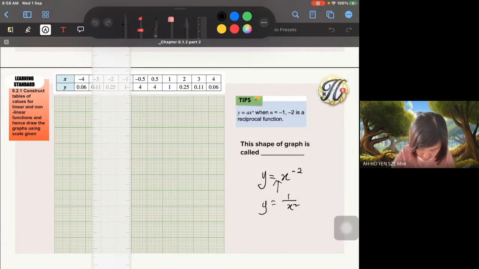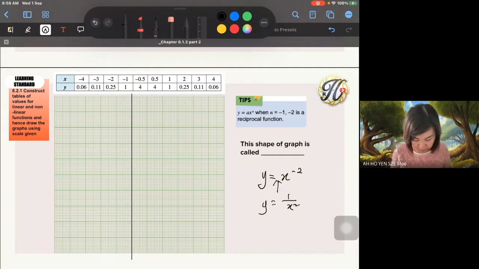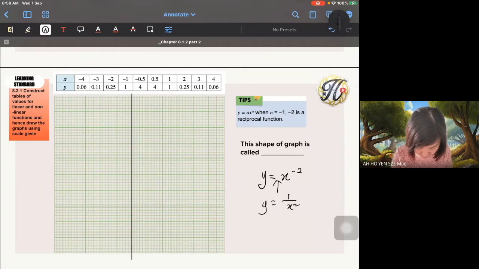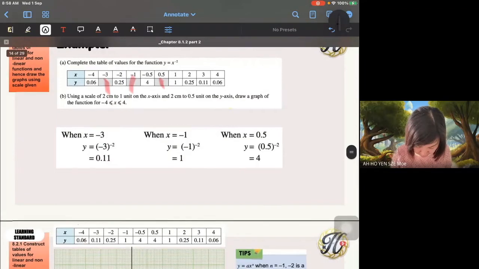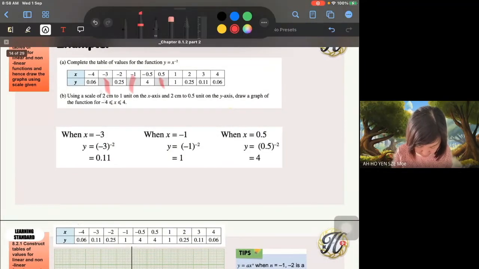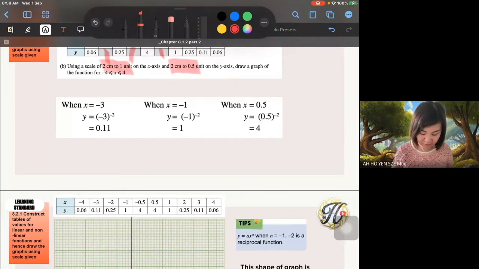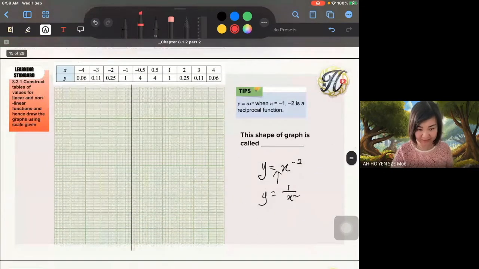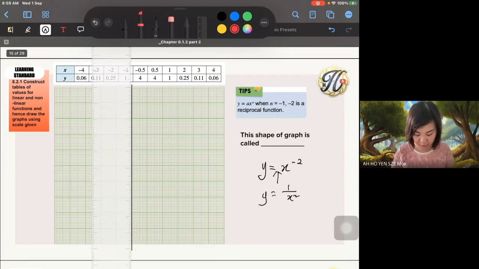We draw the x axis here, the y axis here. Check the scale: 2 cm to 1 unit for the x, and 2 cm to 0.5 for the y. Starting from 0.5, so we can go down. We don't have a negative value, so we can start from the bottom, terus turun ke bawah.